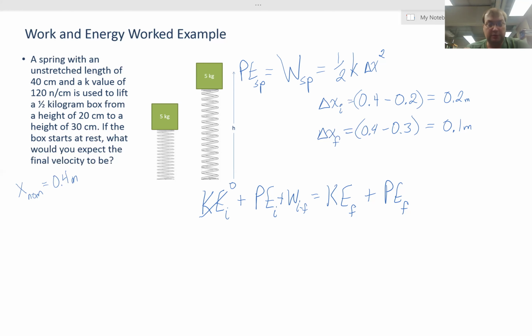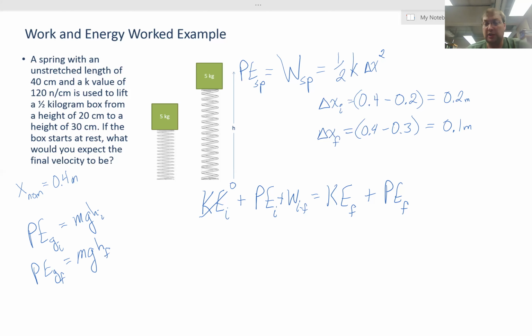We have an initial potential energy. We're told it is at a height of 20 centimeters. So our potential energy is a combination of both spring potential energy and potential energy due to gravity. We have potential energy due to gravity initial, equal to mg times the height initial, and potential energy due to gravity final, equal to mg times the height final.